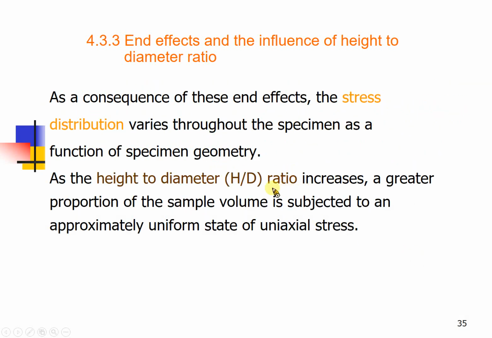This end effect will become stronger if you have a shorter specimen. If you have a longer specimen, then the influence of the end bearing will become smaller. So the size and shape of the specimen will influence the testing results.